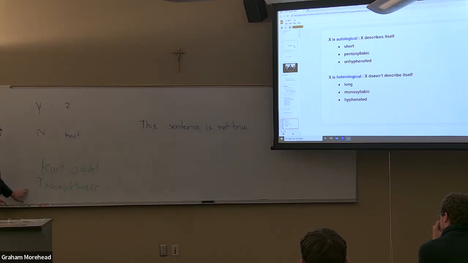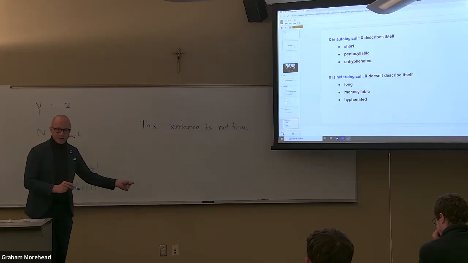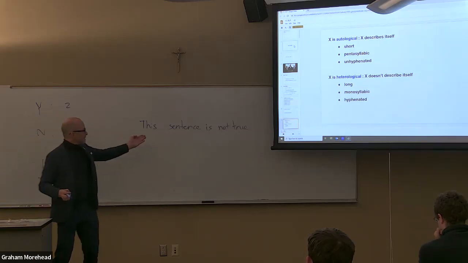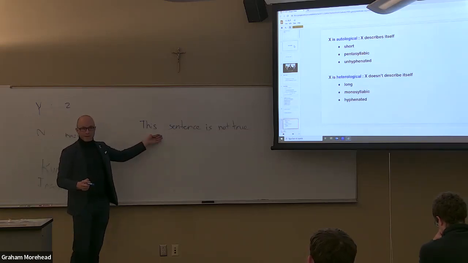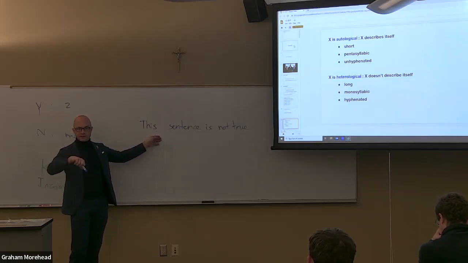Now, Kurt Gödel's incompleteness basically said that every formal logic system or language, every formal language or formal mathematics will contain within it undecidable propositions. This is one. It's undecidable. It's not true or false. If you say it's true, then it proves it's false. If you say it's false, it proves it's true.